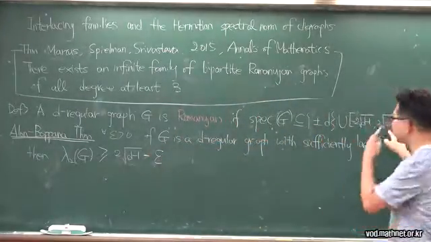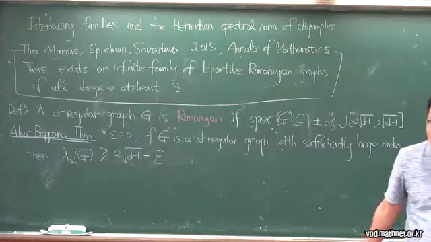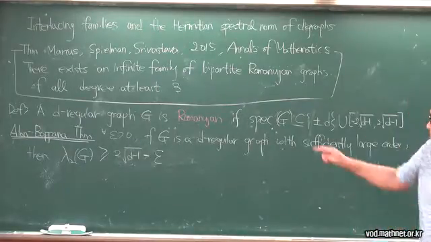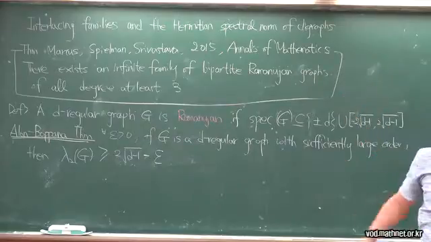So this number is the minimum possible second largest eigenvalue if a graph is very large.